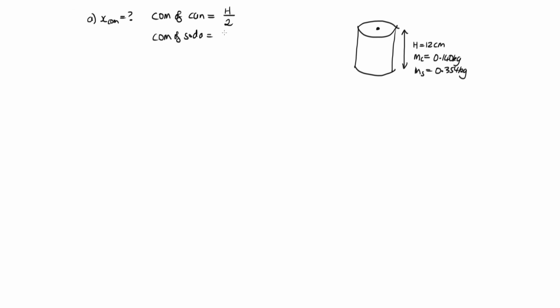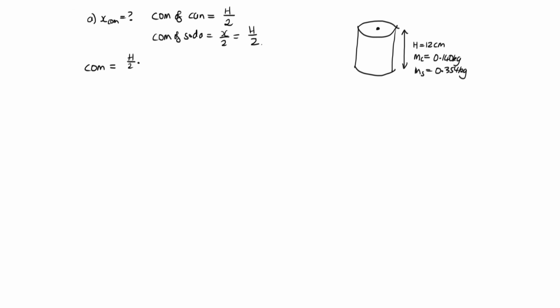So the center of mass of the soda will be, well, the height of the soda divided by 2, but initially this will just be H over 2. And so the center of mass of everything is going to be equal to H over 2.